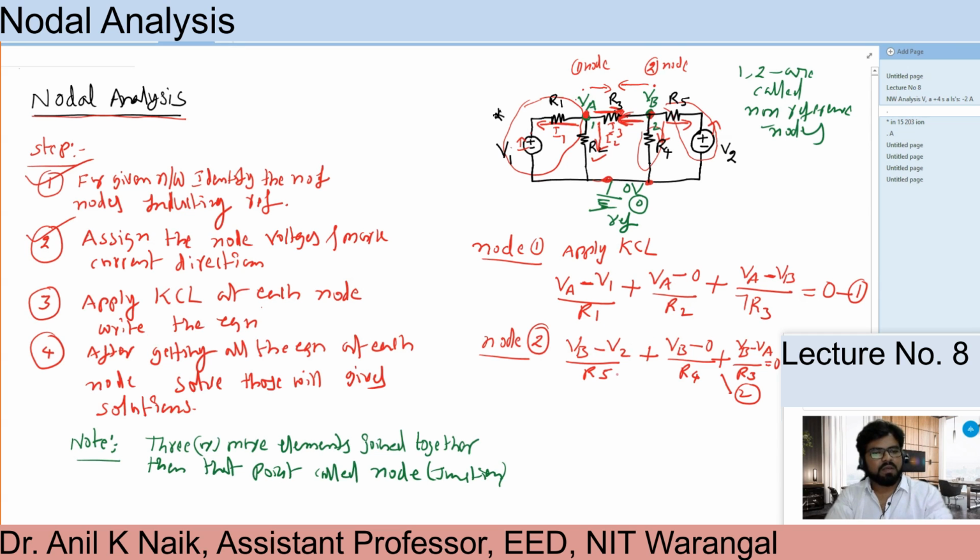If you solve these two equations, you are able to find VA and VB. How to solve these equations we are going to explain by taking numerical values, and we'll do that later. This is what we need to understand as the concept here.